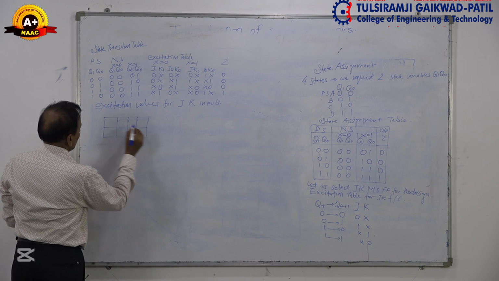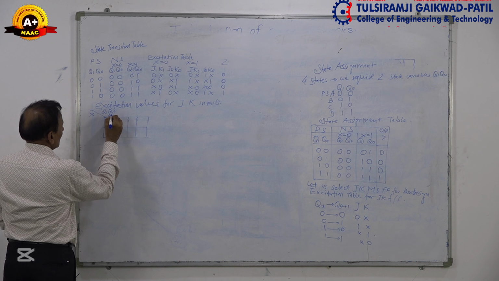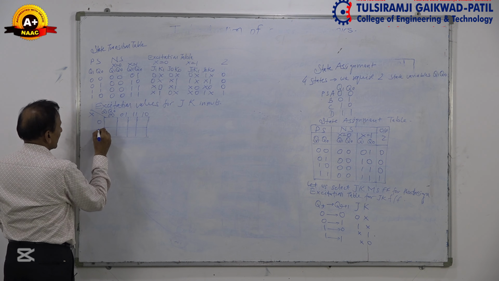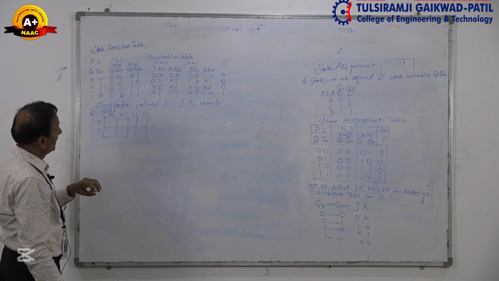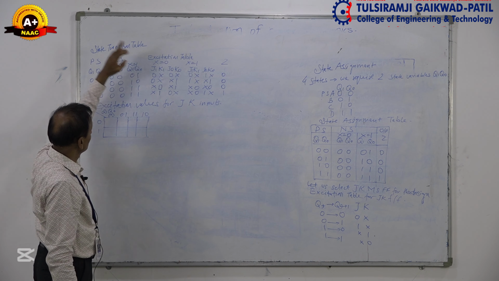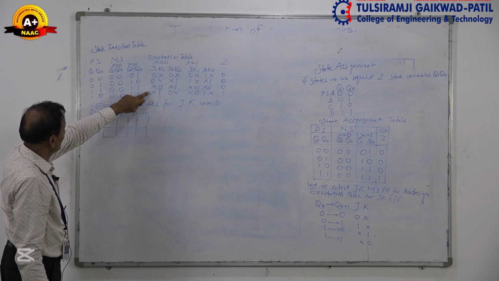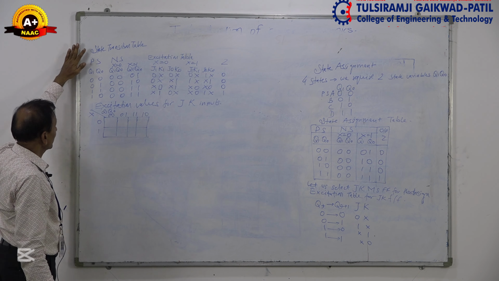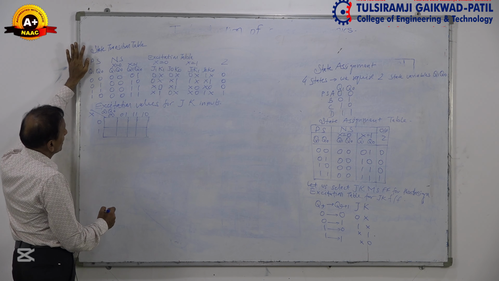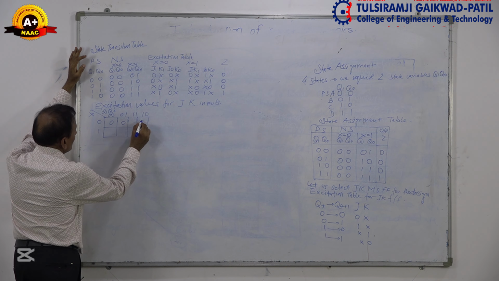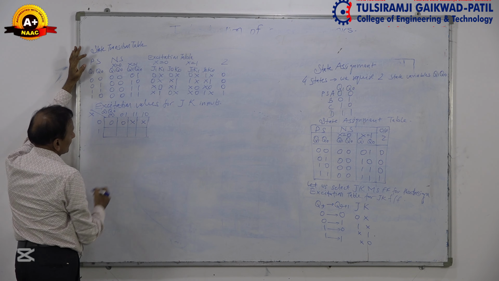Let us have x here and q1, q0 here. So 2-bit gray code we will write here and 1-bit gray code here. For x equal to 0, what is J1? J1 is 0, 0, don't care, don't care.